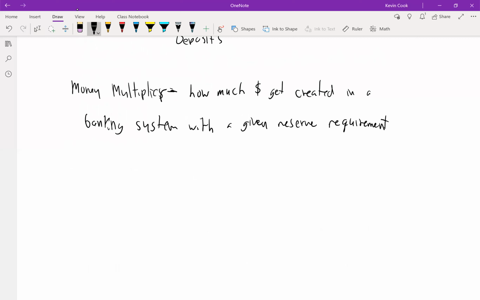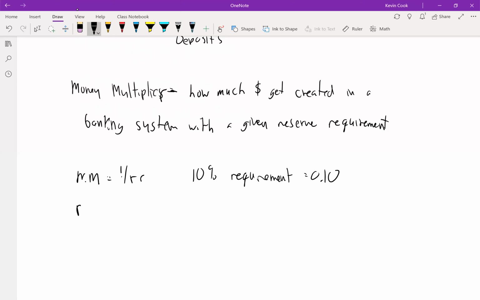But when we look at our money multiplier, we say that our money multiplier is equal to 1 over our reserve requirement, where a 10% reserve requirement is equal to 0.10.